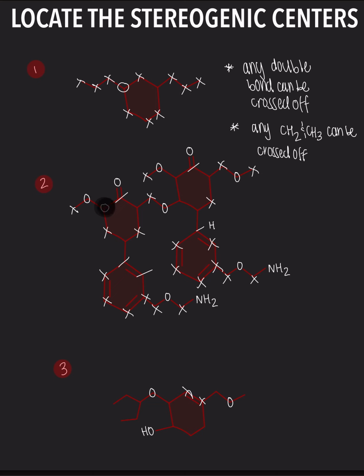Again, this does not have a plane of symmetry, so this one could also be 1. This could also be 1. And again, here, this could also be another group. And so you have 4 stereogenic centers in this example.